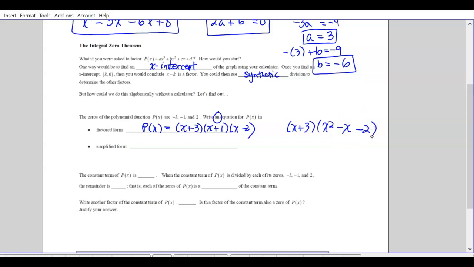Then expand that out: x cubed minus x squared minus 2x plus 3x squared minus 3x minus 6. This is just rough work on the side. So p of x then is x cubed plus 2x squared minus 5x minus 6.